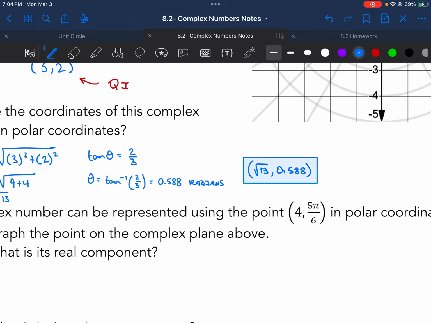We're going to 5 pi over 6, which is right here. This would be 2 pi over 3, 3 pi over 4, 5 pi over 6. So we are right here at this point. So this is our 4 comma 5 pi over 6 in polar coordinates.